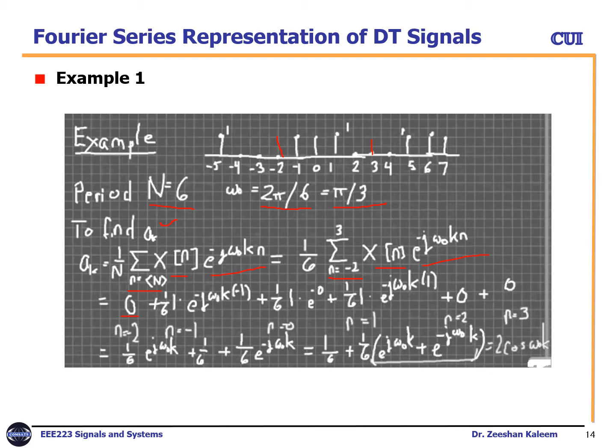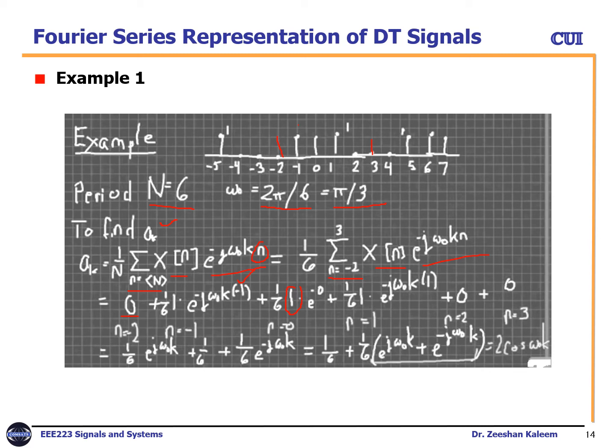For n equals minus 1, we have a 1 here, and 1 into 1 over 6, so 1 over 6 into 1, e to the minus j omega naught k, and instead of n we are putting minus 1 here. Plus 1 over 6 again into 1, because at 0 we have a 1, and e to the minus 0 becomes 1, right?